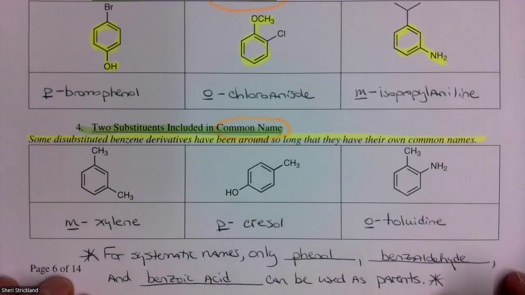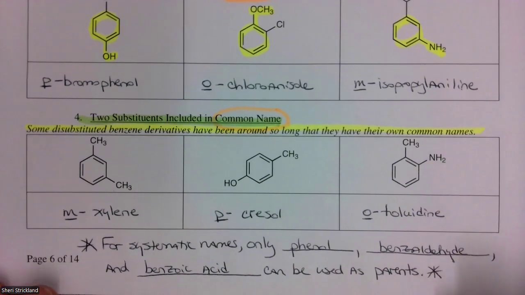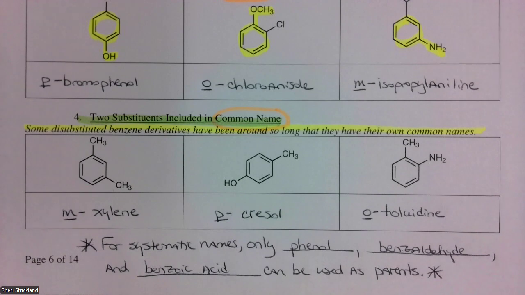Okay, for all the rest of them, they're just named as substituted benzenes. And so, if you have substituents that have a higher nomenclature priority, they get a lower number, just like we always have.